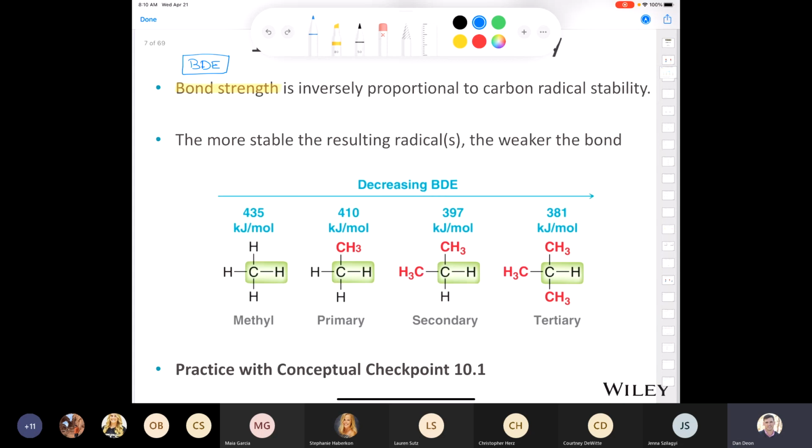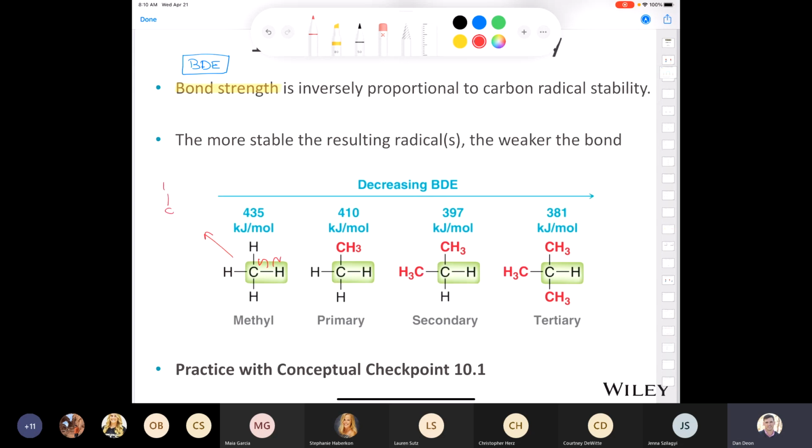Right, so it should make sense that as we go from the methyl carbon-hydrogen bond to a primary carbon with a carbon-hydrogen bond to a secondary to a tertiary, the carbon-hydrogen bonds are going to get weaker and weaker and weaker. Why would that be, right? Let's take a look. If I was to break this bond homolytically, so here's one fishhook, here's another fishhook, what would I form?